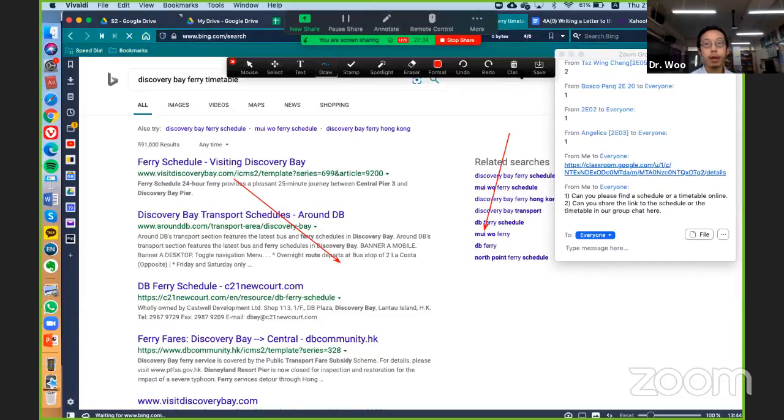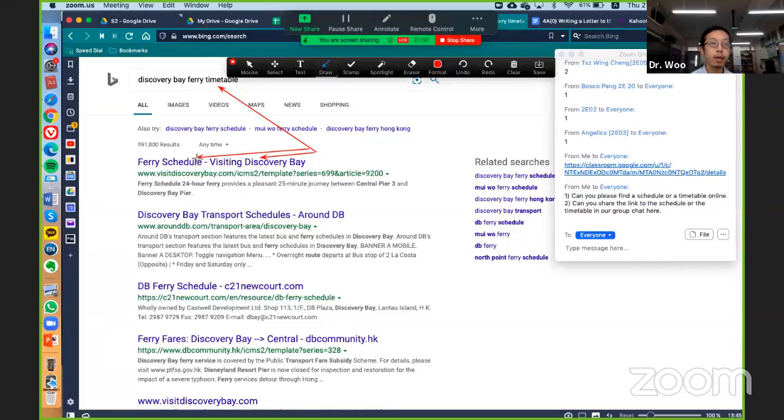All right, so here we go. I input Discovery Bay ferry timetable, and I get Discovery Bay ferry schedule. Okay, so schedule and timetable are more or less interchangeable. They are similar words.